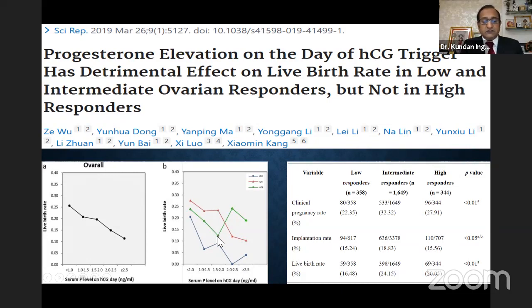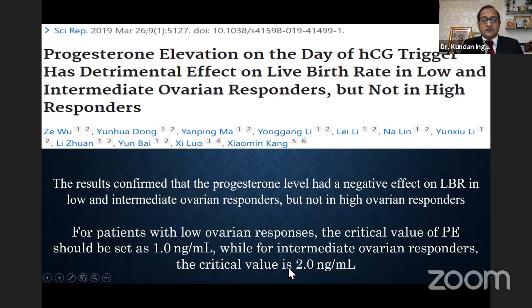In fact, there was a significant decline in the live birth rate only after progesterone levels beyond 2.5 on the day of SCG. So they concluded that the progesterone level had a negative effect on live birth rate in low and intermediate ovarian responders, but not in high ovarian responders.